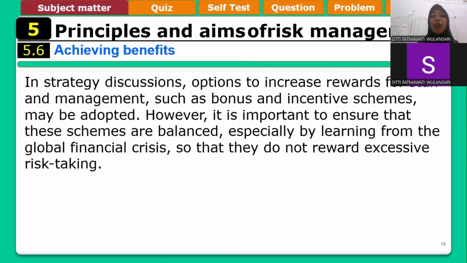So the next slide about 5.6 achieving benefits. This slide is about strategy discussion: options to increase rewards for staff and management, such as bonus and incentive schemes, may be adopted. However, it is important to ensure that these schemes are balanced, especially by learning from the global financial crisis, so that they do not reward excessive risk taking.